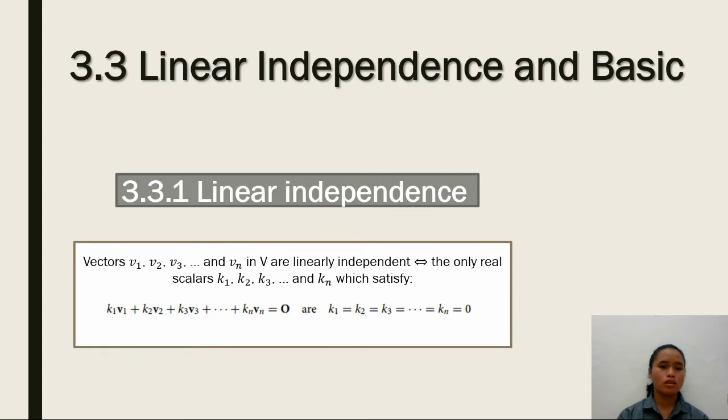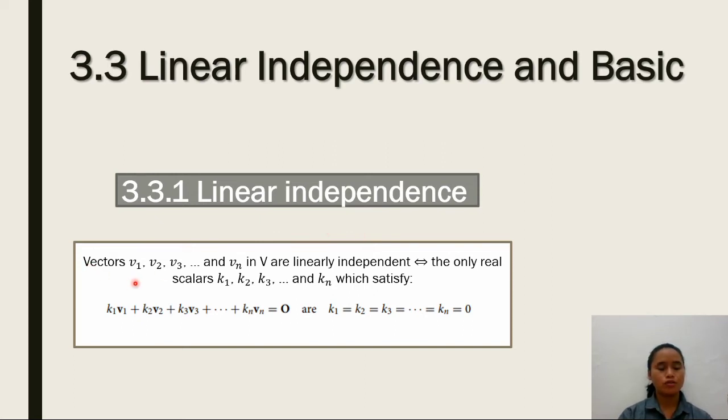Next, we have 3.3 linear independence and basis. 3.3.1 linear independence. In the previous chapter we already learned about linear dependence, right?